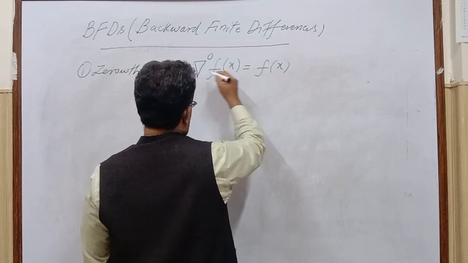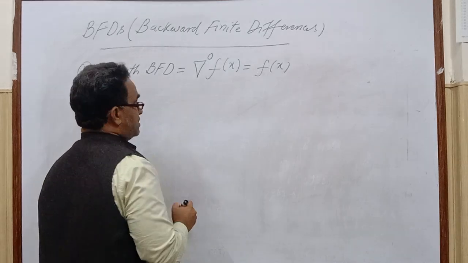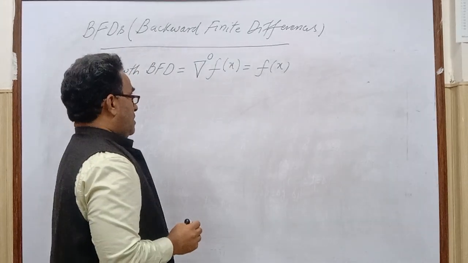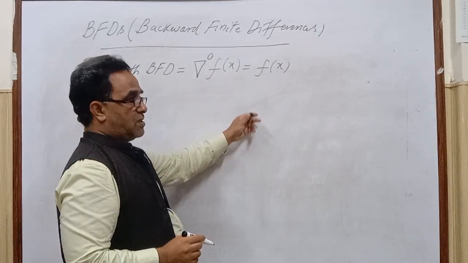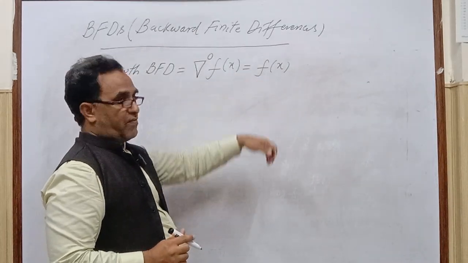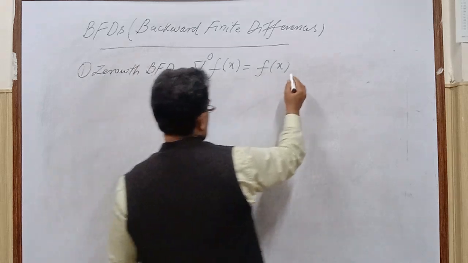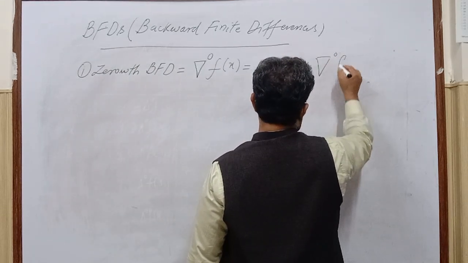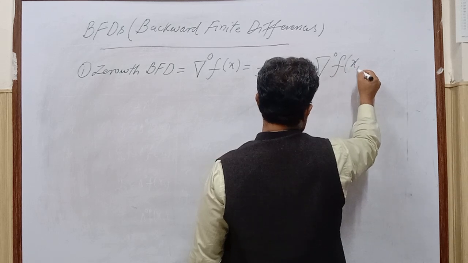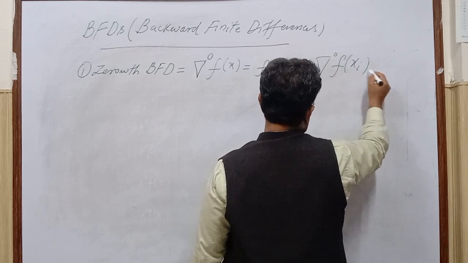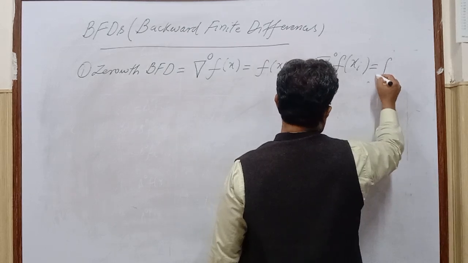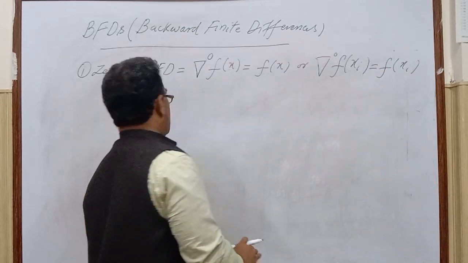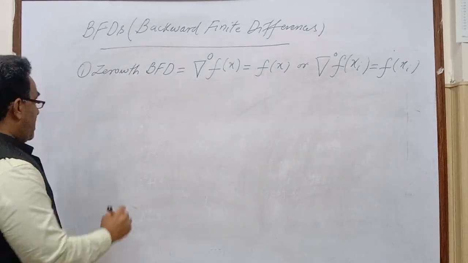That means del 0 means the value of x will not change, so del 0 f of x will come as it is, equal to f of x. Or if you take a particular value of x, you write it like this: del 0 f of xi will be as it is f of xi. So this is the definition of zeroth BFD.